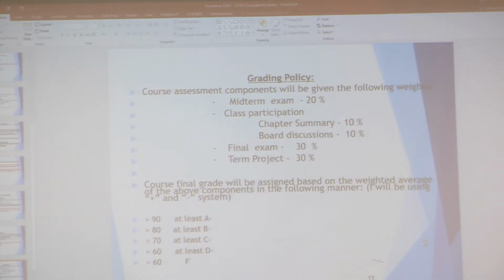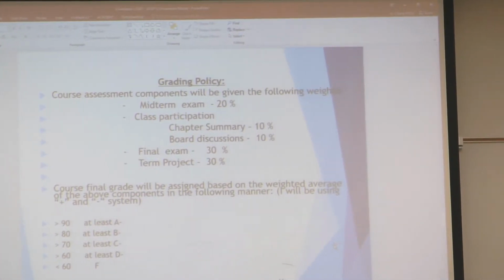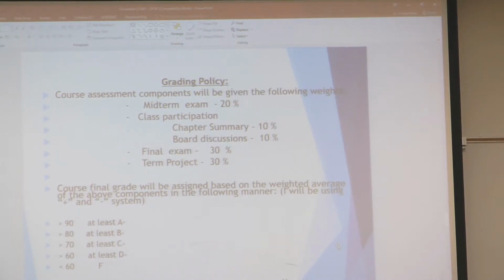So if you get 90%, you have an automatic A minus, but could get higher, actually an A. So the minimum is A minus. I have a little bit of latitude there. If the entire class is around 90%, then I may say it's better than A minus, it's A. But you are sure to get A minus if you have 90% or above.